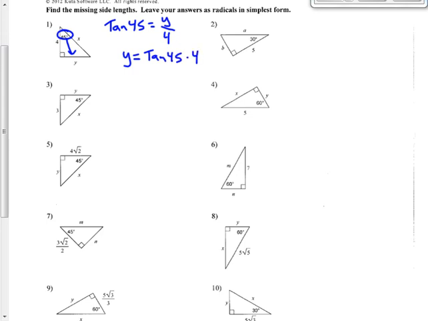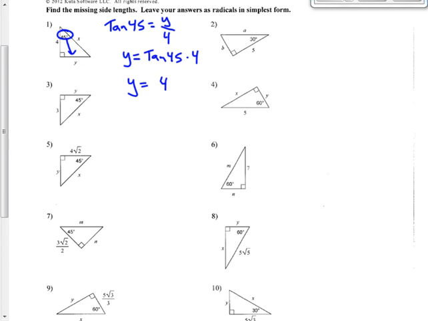Well, there's a lot of different ways that I can do this. I could do the tangent of 45 just by going to my unit circle. That angle is on there. I could type it in my calculator. Ultimately, it doesn't necessarily matter. But if you think about it, you're doing tangent of 45, and then you're doing that 4 times, so you actually end up with this just being 1 times 4, which is 4.